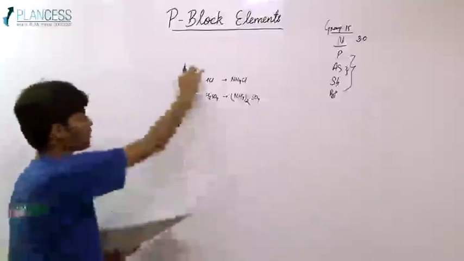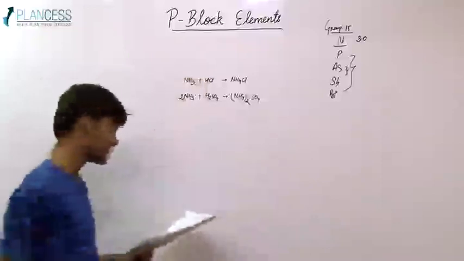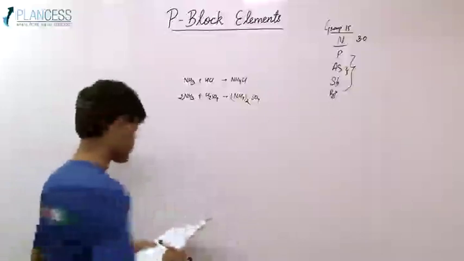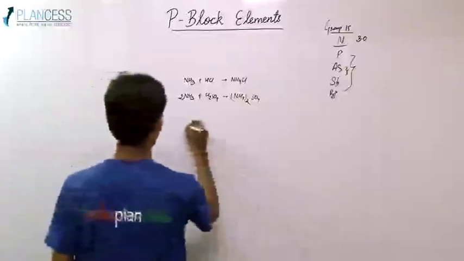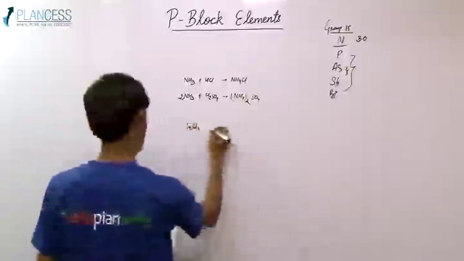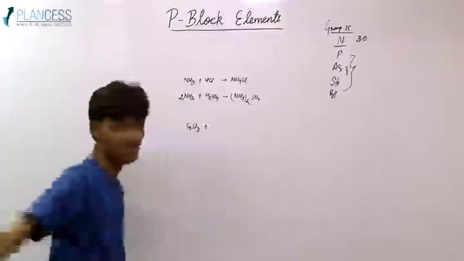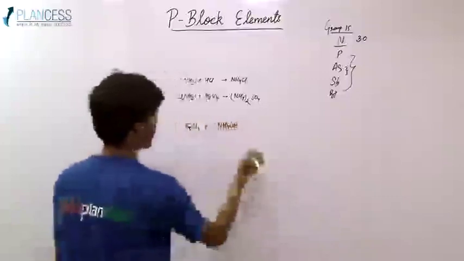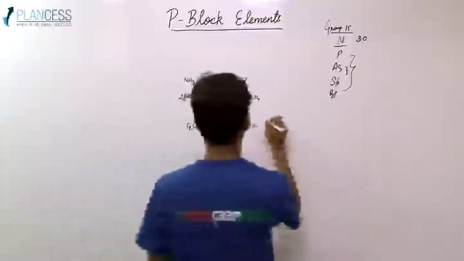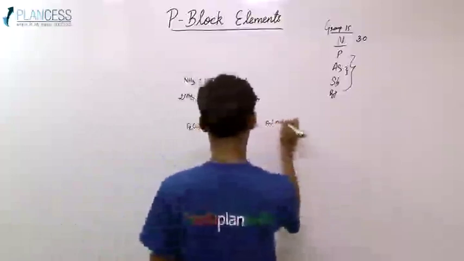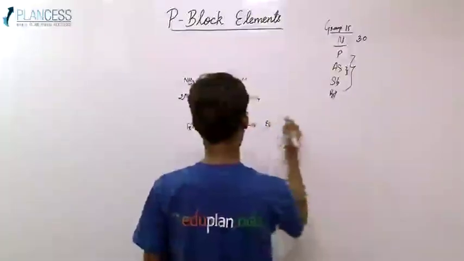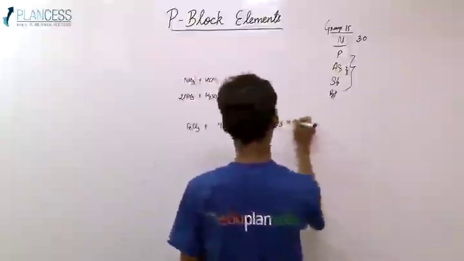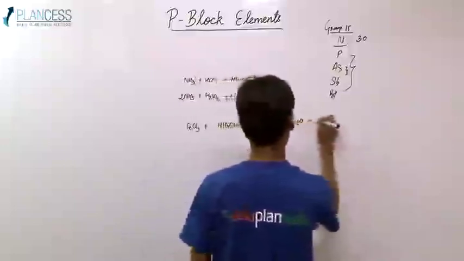Again, as I told you earlier, it acts as a weak base in the aqueous solution. It precipitates the hydroxides of many metals from their salt solution. For example, when FeCl3 is reacted with the aqueous solution of NH3, which is equivalent to NH4OH, it forms Fe(OH)3, or rather Fe2O3·xH2O, plus NH4Cl.